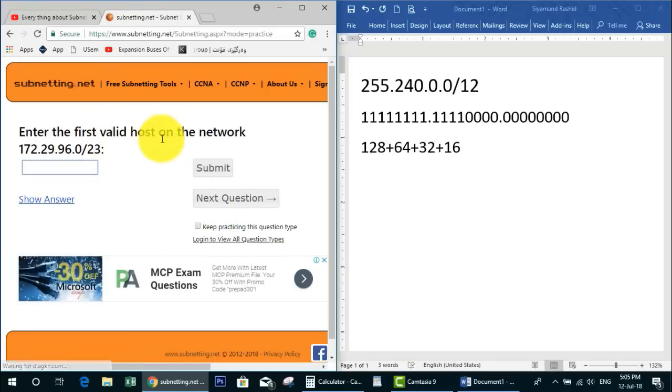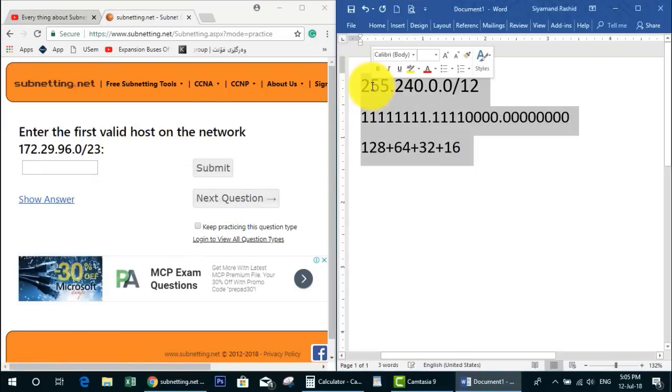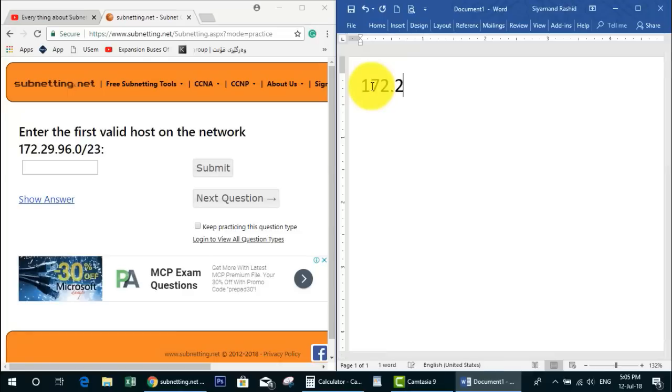Enter the first valid host on the network. It's the same as the first question. We have an IP address with the shorthand. The first step is to change this shorthand to a subnet mask. So we have 8 ones, 8 ones, and then 16, 17, 18, 19, 20, 21, 22, 23.